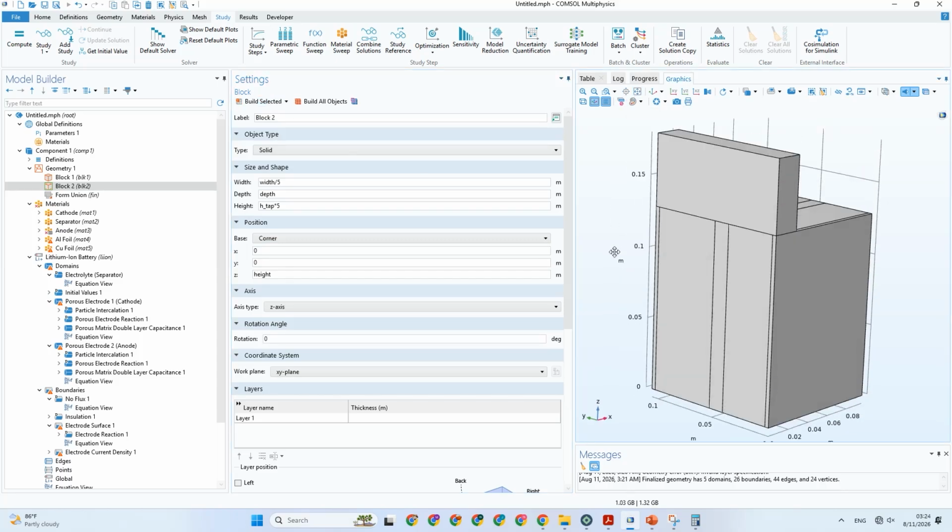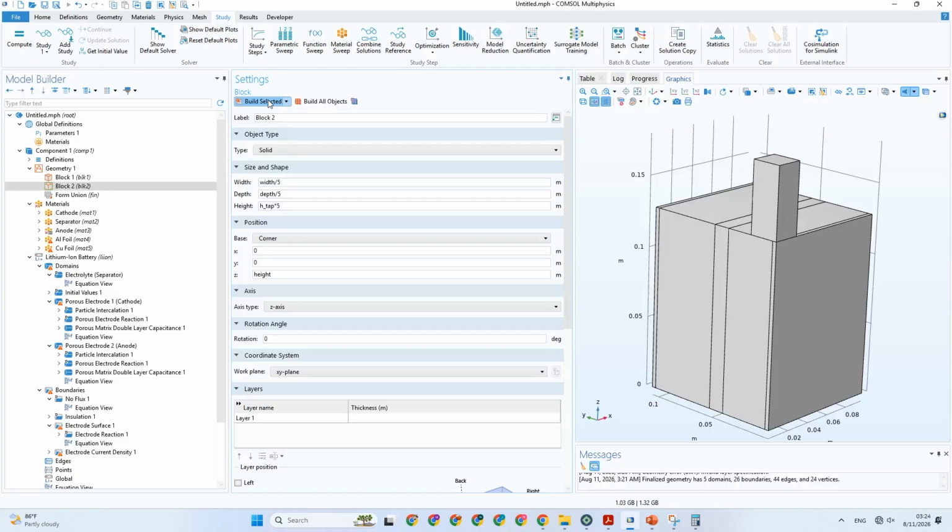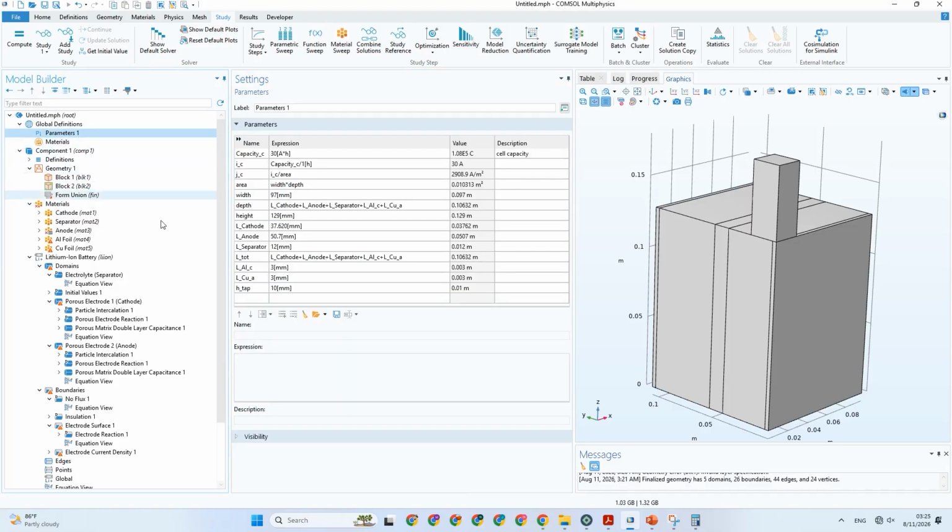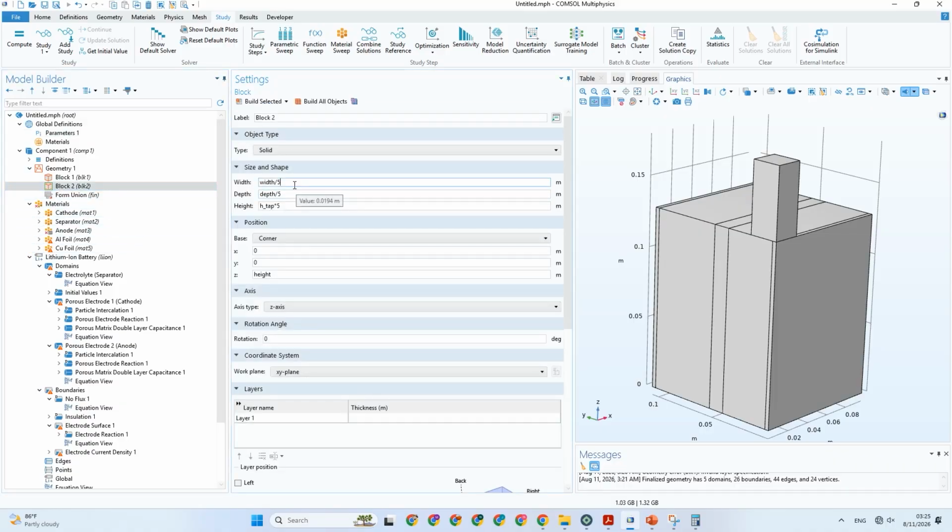Okay, it must be depth to 5. The width must be the same as LCU widths and depths.